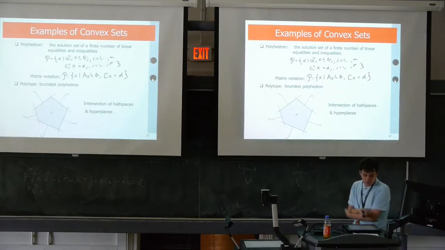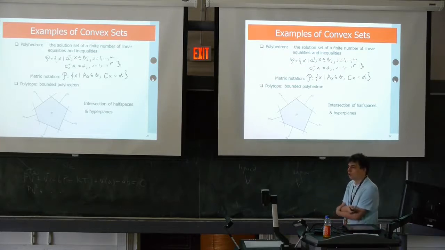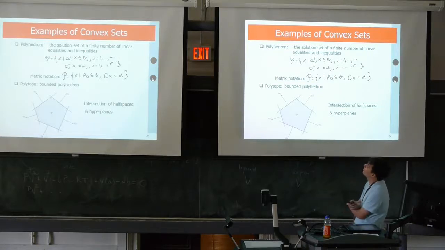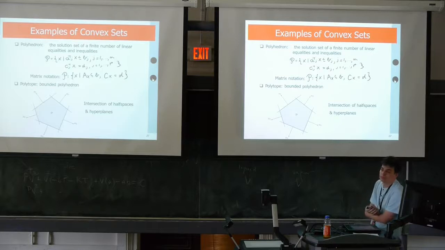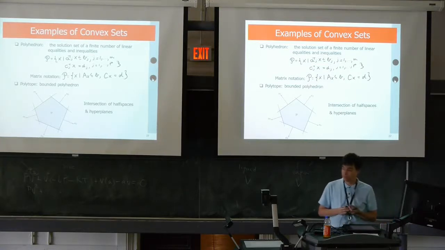And a polytope, we will say that a polytope is a bounded polyhedron. In some books, this is not the definition. You might find some books where polyhedron will be bounded polytope. So they just mix these two things. Okay, and you can think of a polytope as an intersection of half spaces and hyperplanes, right?